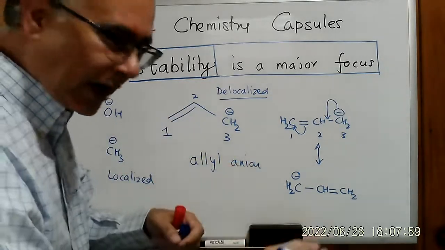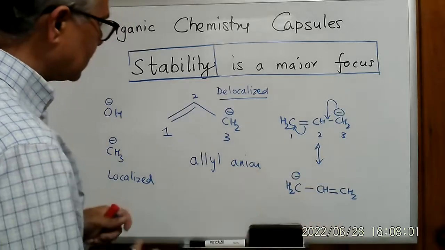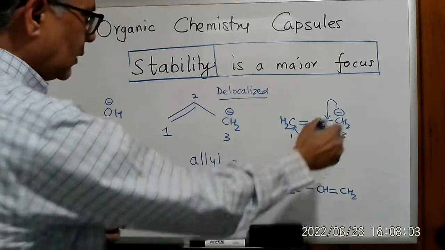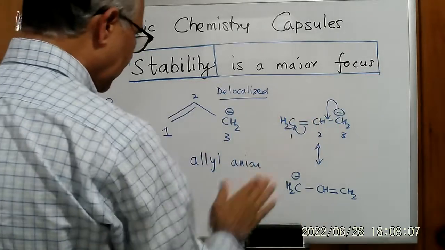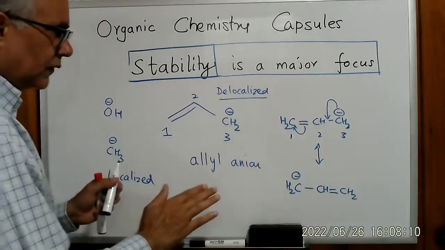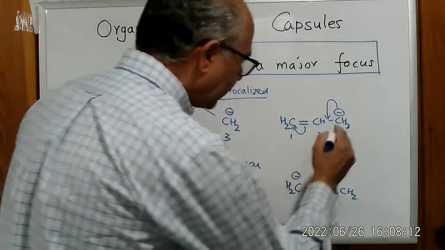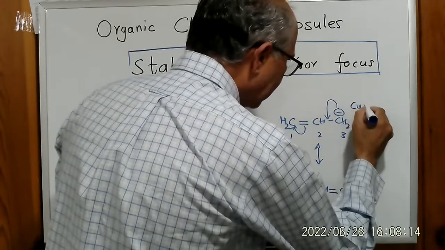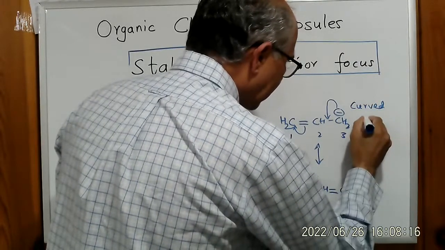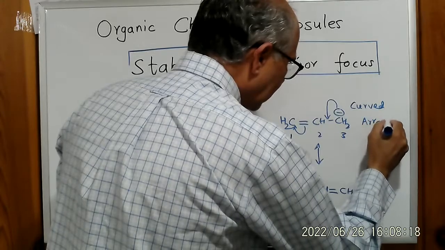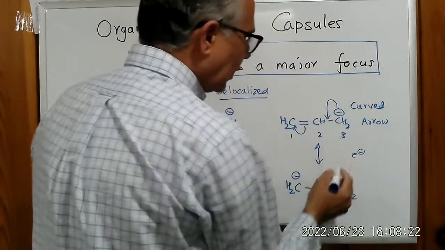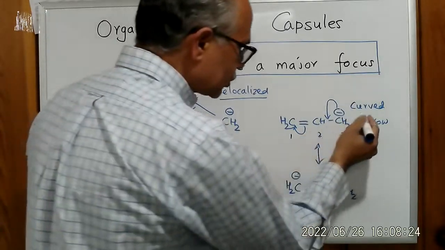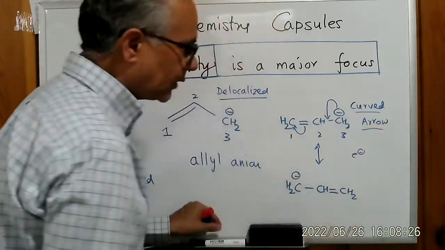It's not in a hurry to react, it's stabilized, spread out over multiple atoms. This is one example of resonance, and we are using something called a curved arrow to denote electron flow. Electrons are moving, and the electron movement is shown by these curved arrows.